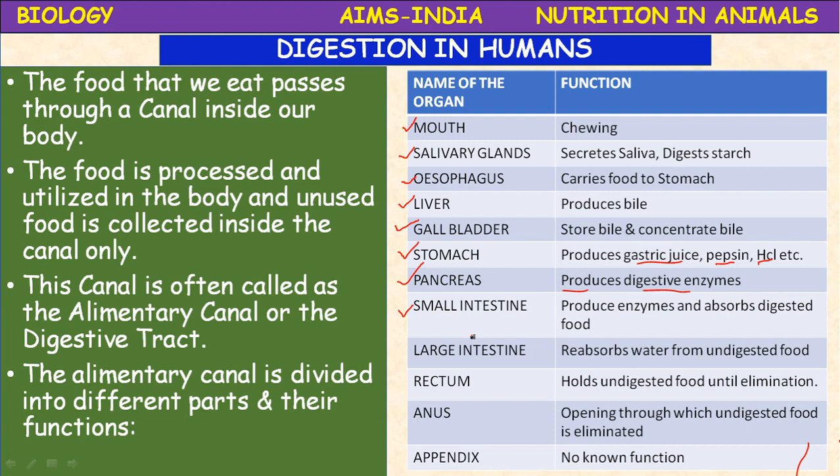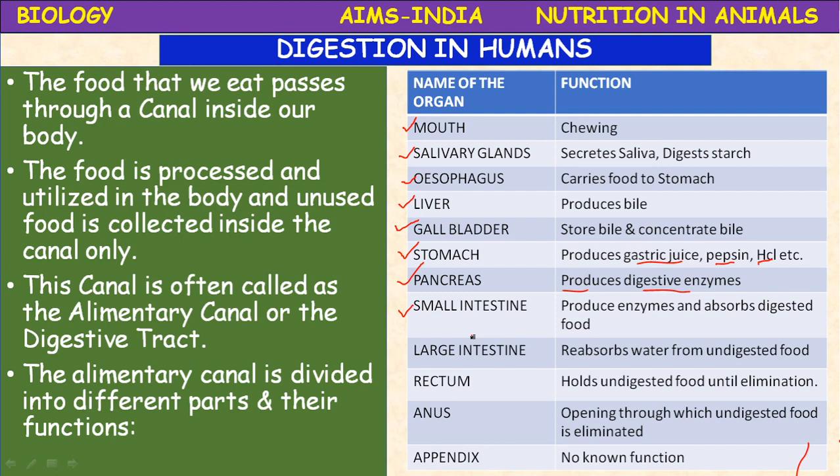This small intestine produces the major enzymes for the process of digestion. The intestinal juice is also called succus entericus. So simply remember intestinal juice.